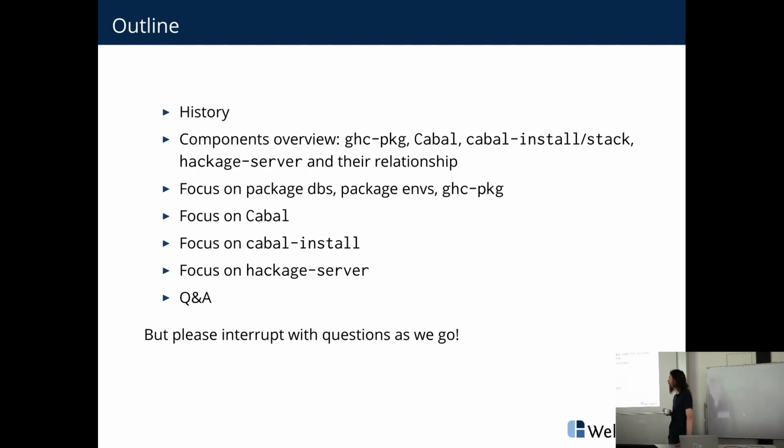We'll look at an overview of lots of the components, how they relate to each other, and then we'll focus in on some of the components in particular. We won't really have time to go very deeply into any individual one, so I'm not going to be showing you that much code, or really any code at all, unless there are questions, in which case we'll just flip over and have a look at the code.